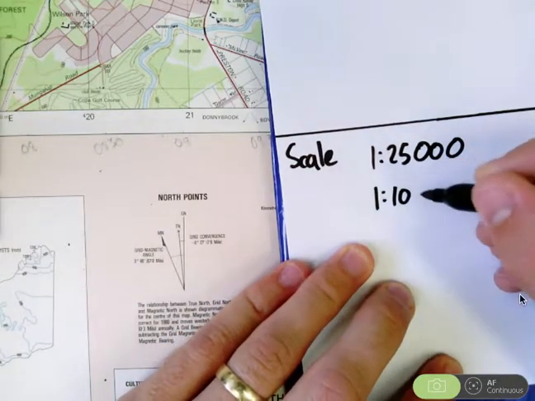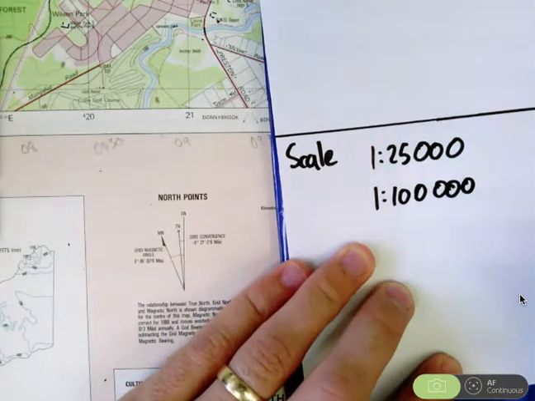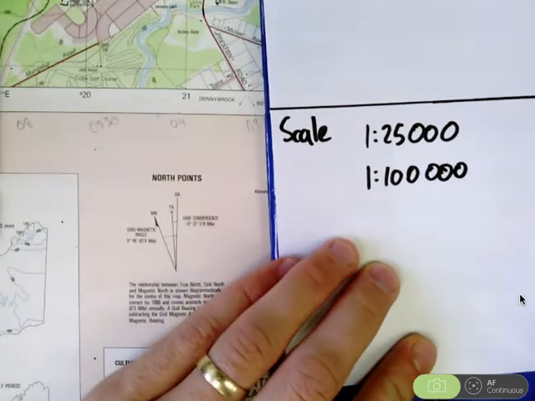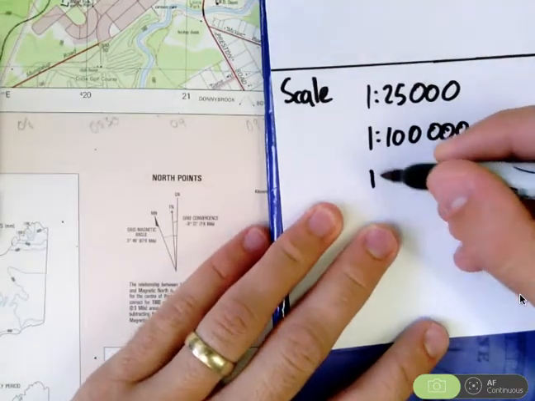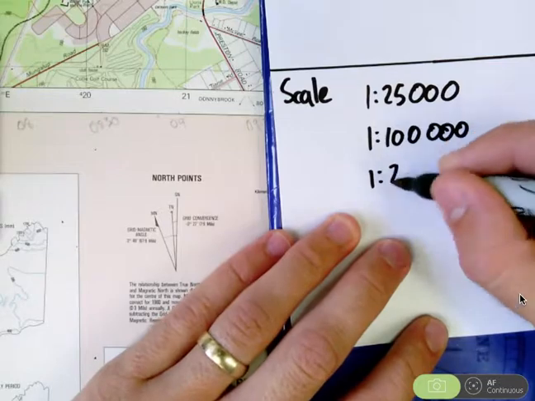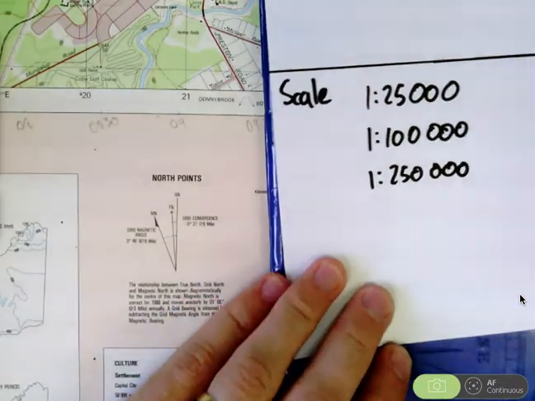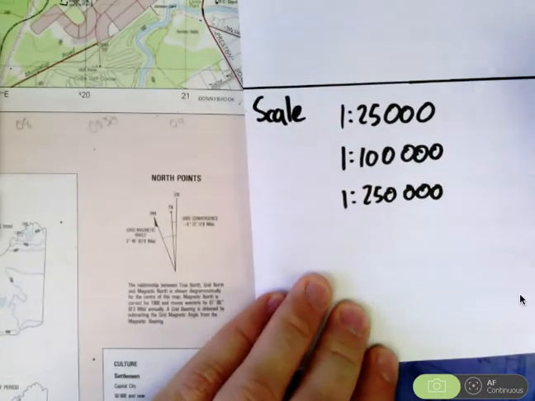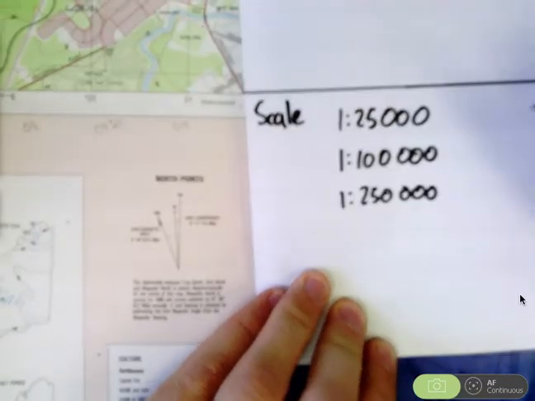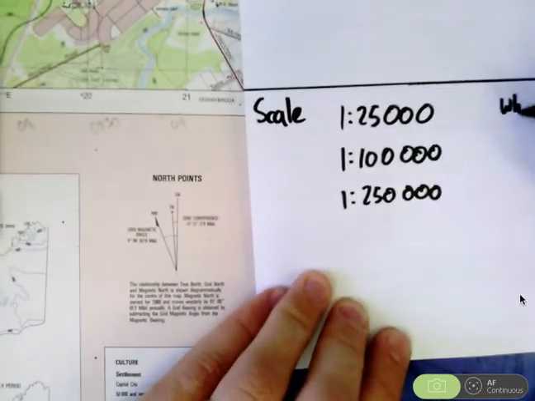More commonly we'll see 1 to 100,000, but you can also get anywhere up to 1 to 250,000. Now a common question that I get is, what is the larger scale?